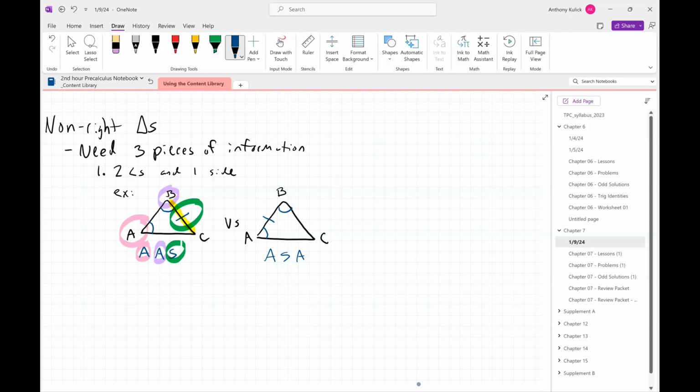Is everybody okay telling the difference between these two? Okay. Another option, we can have one angle and two sides. Now, there's two different scenarios that this can happen, right?